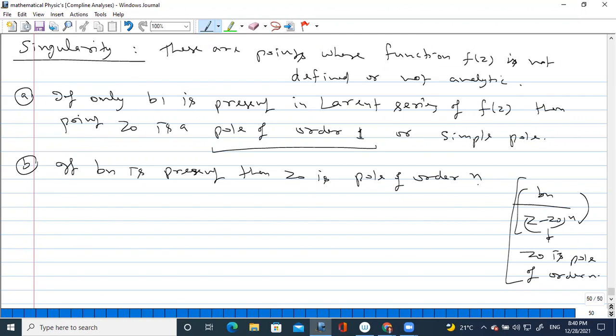With that, the n minus 1 term, n minus 2 term, or B1 term can also be present, but we will see the highest term.